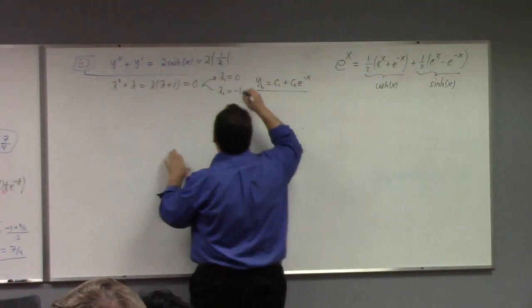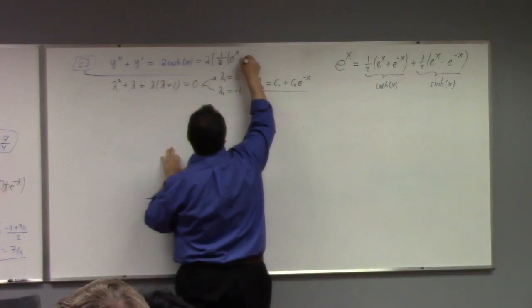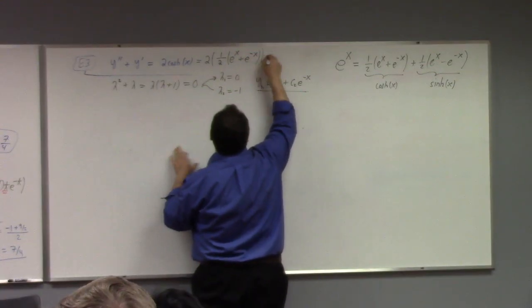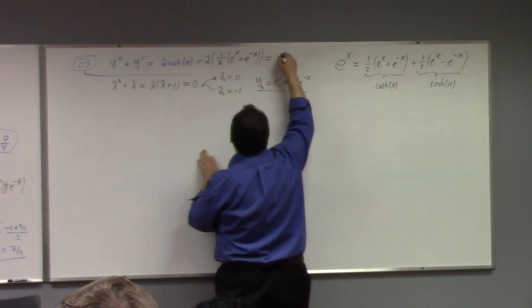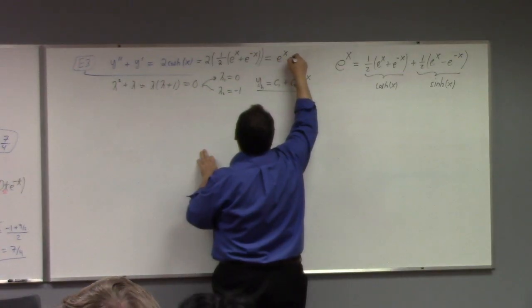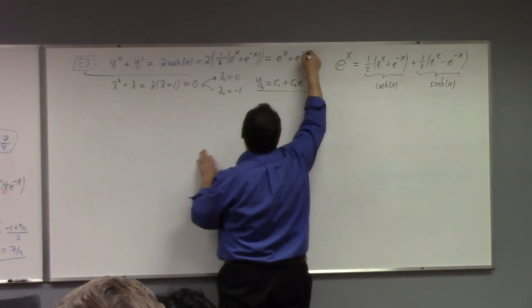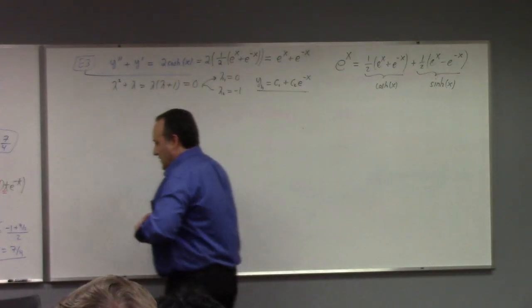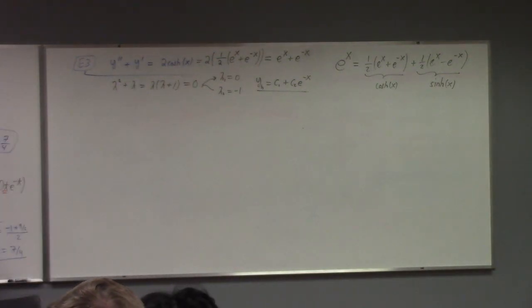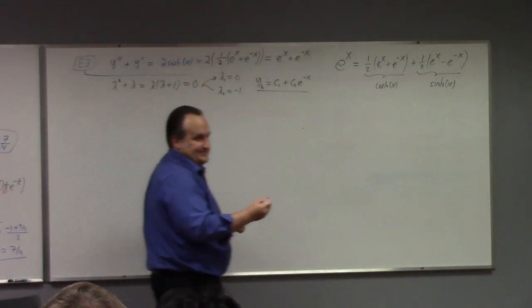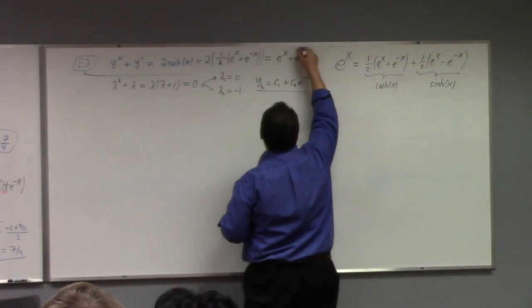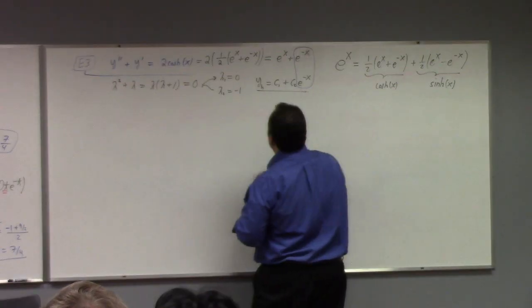But anyway, the definition of cosh is 1/2 e to the x plus e to the minus x, you see? So, truth be told, what you're up against here is e to the x plus e to the minus x, right? And once you write it like that, then all of a sudden you can see that this right here is a problem.